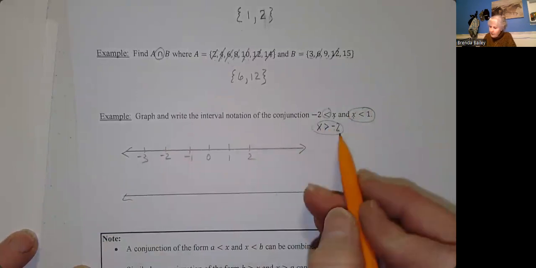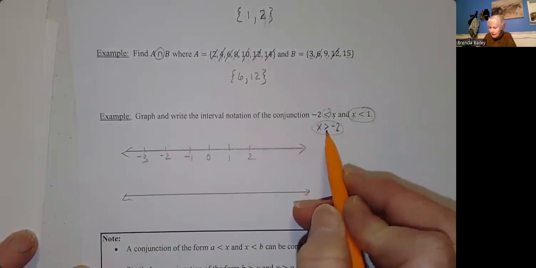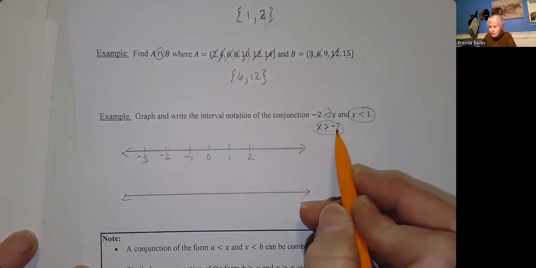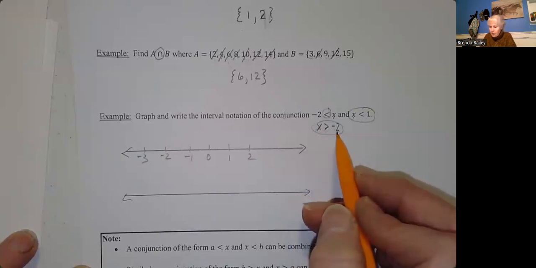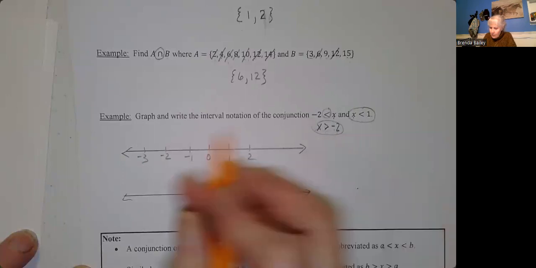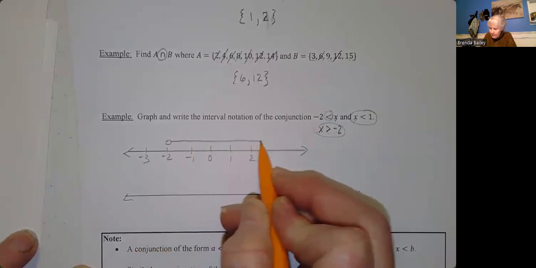Now, some of you may have learned that you go to the -2 and you put an open circle above the -2. The reason you're putting an open circle and not a closed circle is because you don't have this bar, which means equal to. They're just greater than a -2, but not equal. So we use an open circle, and then it goes in this direction.